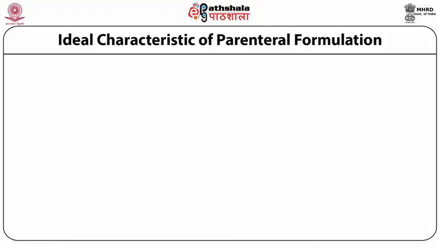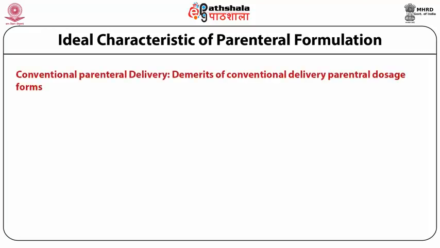My dear students, we just went through the various advantages and merits offered by the parenteral route of administration of dosage forms. But keeping in view the conventional parenteral delivery, they are also associated with a large number of demerits.